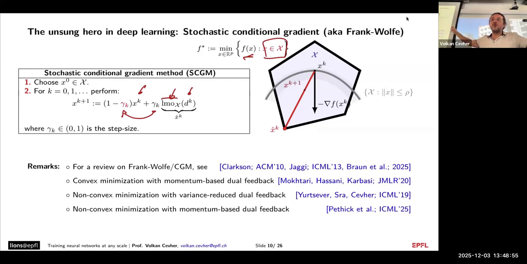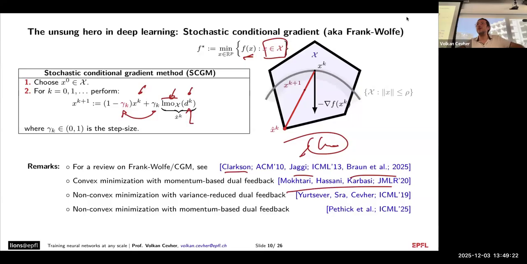So for a review on Frank-Wolfe, Clarkson's paper is a good one that people often miss. Martin's review is also pretty good. He named the LMO there, right? And then there's a recent one that I also recommend, which is pretty good, nicely written. So for this method, for convex minimization with momentum-based dual feedback, was first done in Arjevani's paper.